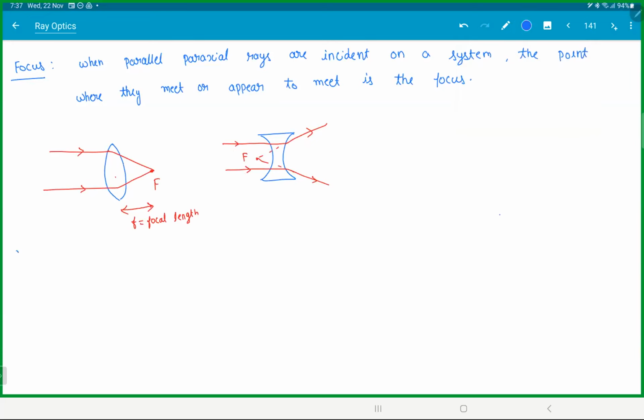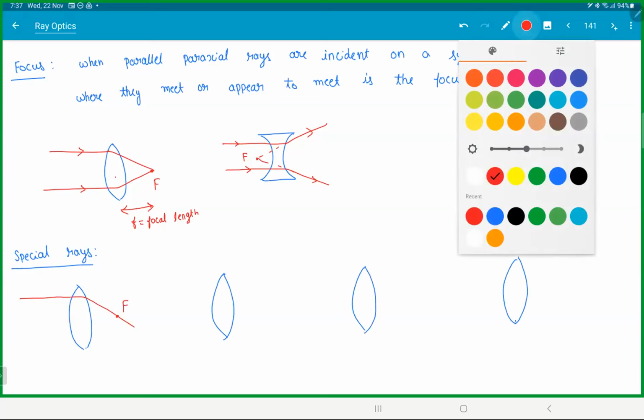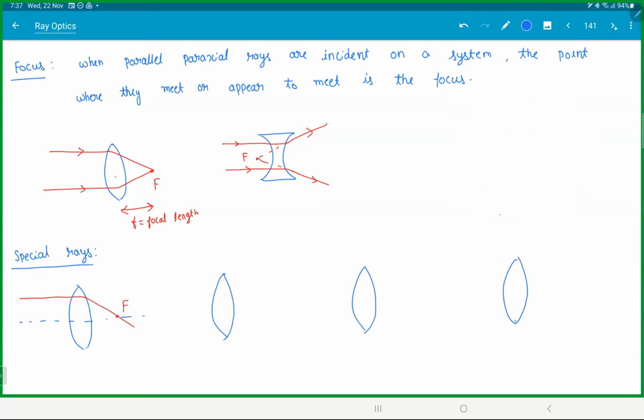And in lenses, we have some special light rays, just like mirrors. If you send a parallel light ray, it will pass through the focus. If you send a light ray from the focus, it will become parallel. So a lens will actually have two focuses, depending on which side the light rays are coming from.